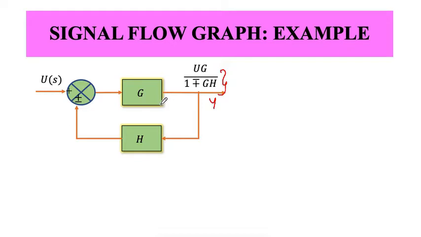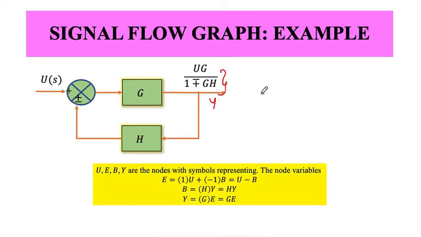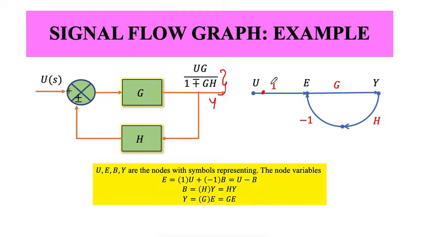So what could the nodes be here? Something starts from here. This is my node, with just one branch going out of it, which we denote as 1.